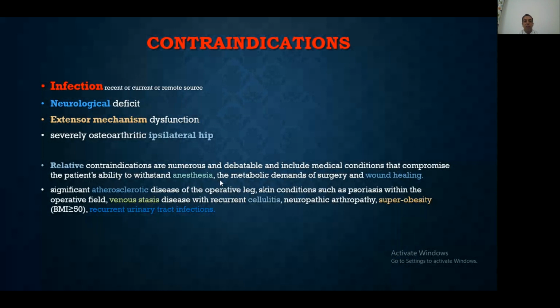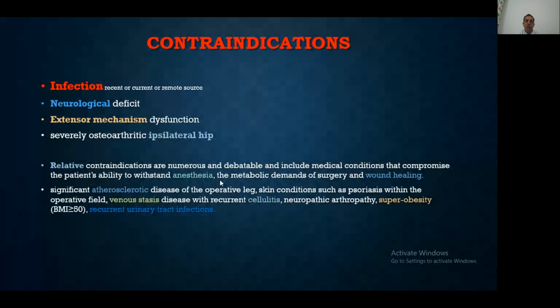These are absolute contraindications, but there are some relative contraindications, including if the patient has a general medical problem, anything that interferes with anesthesia, so it must be treated first. Any metabolic problems that affect wound healing, like uncontrolled diabetes, can be considered a relative contraindication.